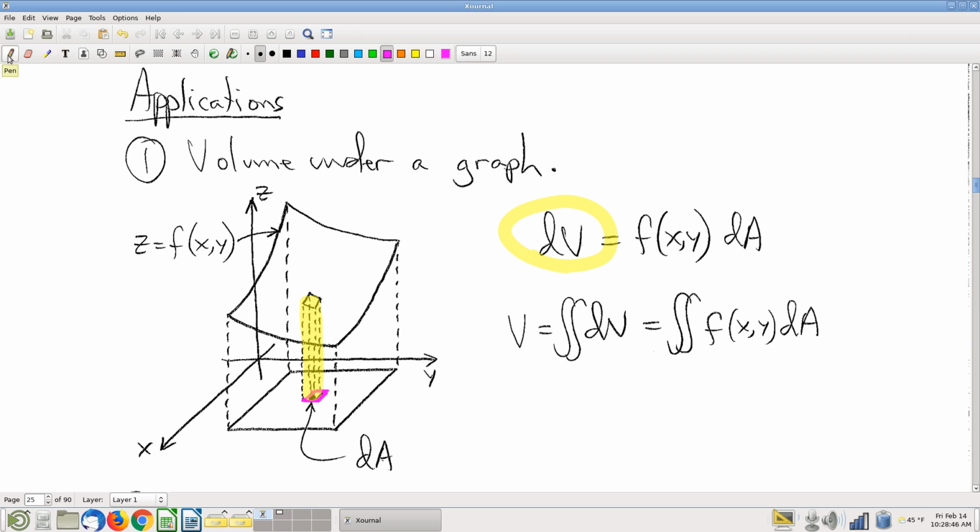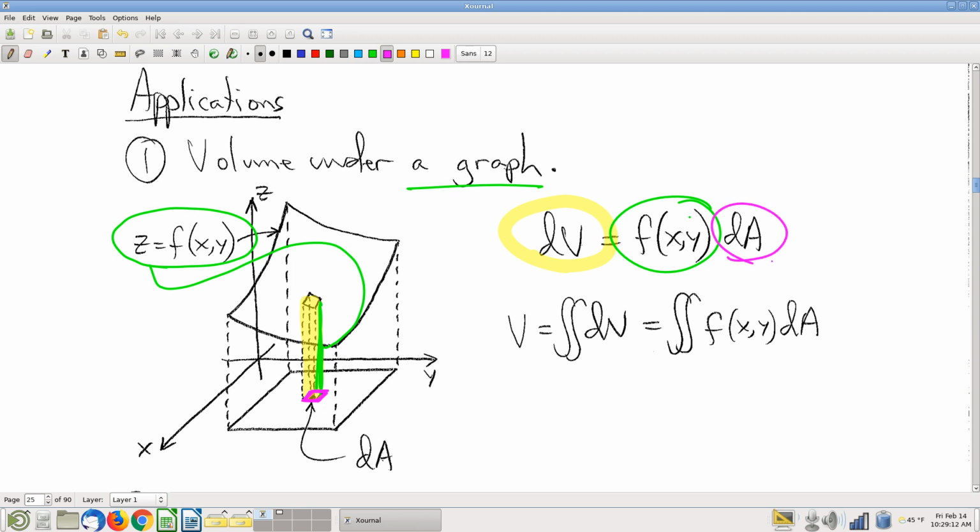It's a pretty easy pitch that the volume is equal to height, which is z, which is, of course, the value of the function because we're looking at a graph, because z equals f is how you make graphs. There's the height, and then times the area of that base, again, old high school geometry formula, the area of this base down here, dA.